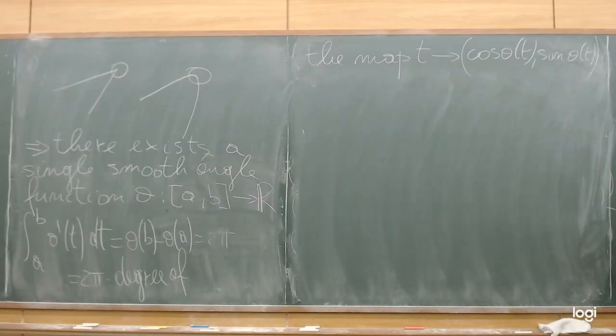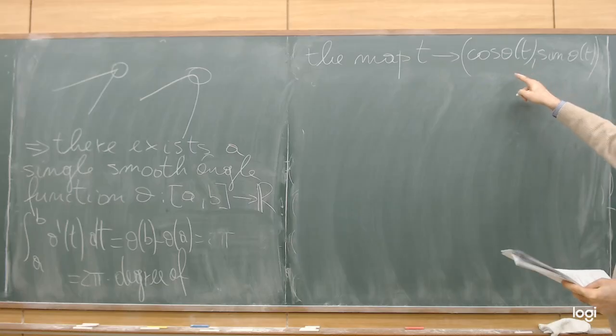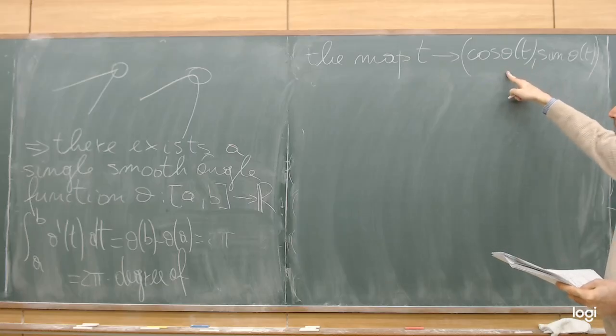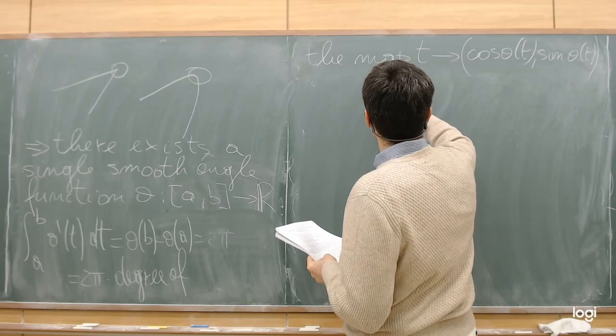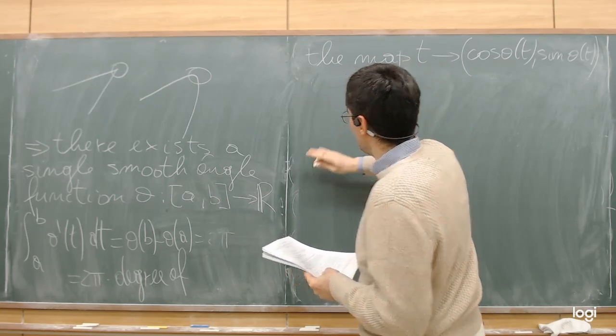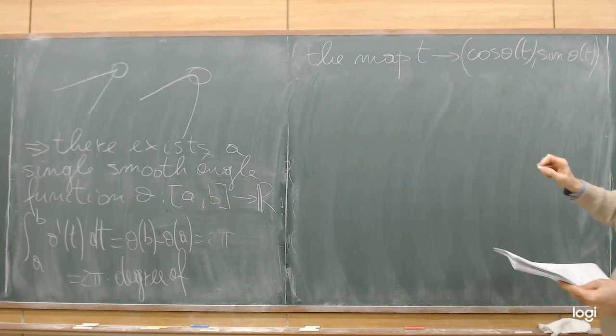Now we want to work with the map related to gamma tilde.